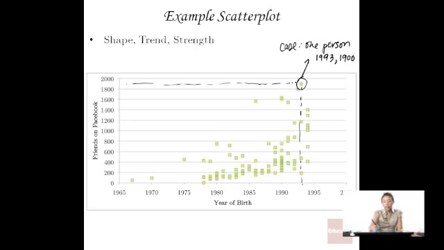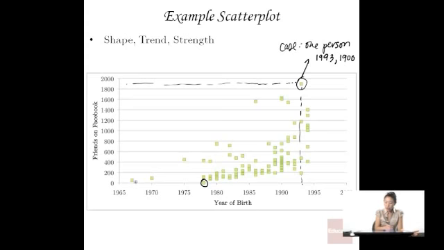You can't interpret this as being a very popular year to be born anymore. Now you have to say, this particular person was born in this year and has this number of friends. So if you look at another point, like this one right here, they have very few friends, none actually, but they're born in 1978 or so, right?